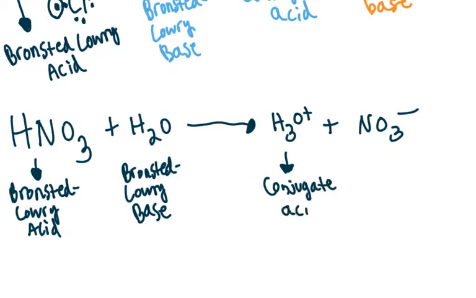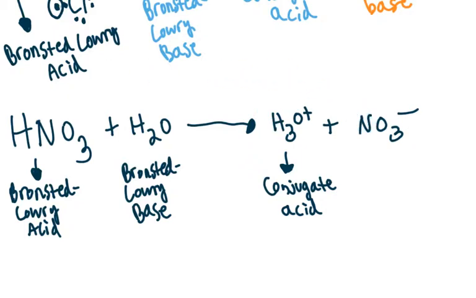And so if we're trying to identify the conjugate base, we know this is the conjugate base, but just to go over the definitions, we can think about what a Brønsted-Lowry base is. A Brønsted-Lowry base is a compound that accepts a hydrogen cation. Well, here, the nitrate anion can accept a hydrogen cation from hydronium and become nitric acid.